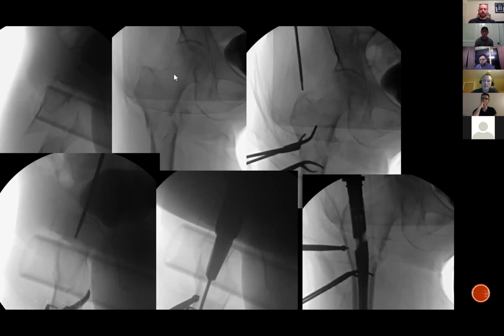Now, the caveat is that there is something else that should stop that shortening, and that's up top. The top of the femoral neck should encounter the lateral cortex of the trochanter. All right, and so that should stop it from shortening.